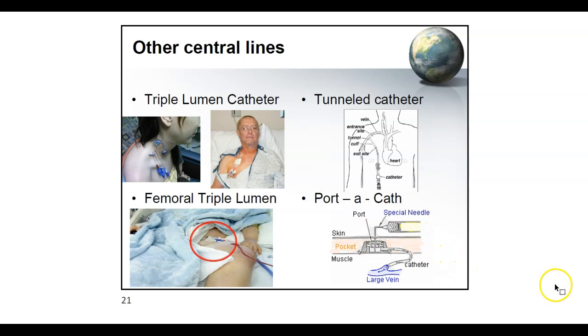It is basically a central line wherein it's embedded underneath the skin, and there is a port that you can access whenever you need. And then when it's not being used, you can remove the needle and it's completely hidden, so you don't see the tubing hanging, unlike the other types of central lines.